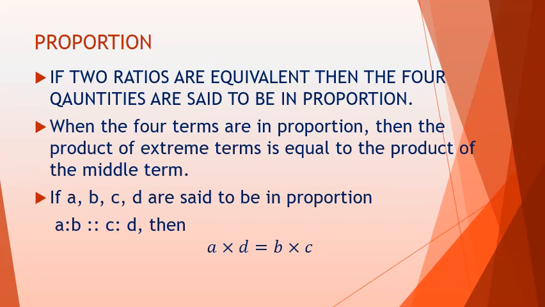So if the given four numbers are in proportion, then the product of middle terms equals the product of extreme terms. Here the extreme terms are A and D, middle terms are B and C. Hence, A into D equals B into C.